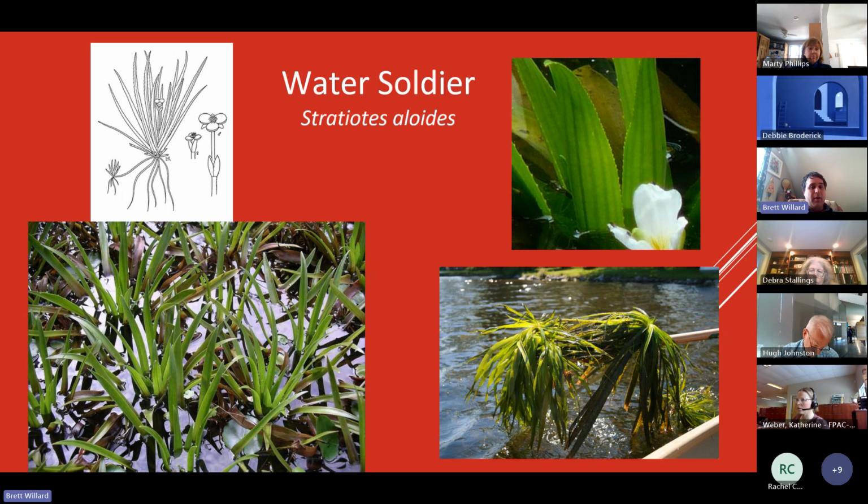So that photo on the bottom right shows those free floating water soldiers at the top of a pond in Ontario. So this is a weird, weird plant. If you come out to some trainings this summer, we'll have some samples of this one. It's wild. This one is not yet in Maine.